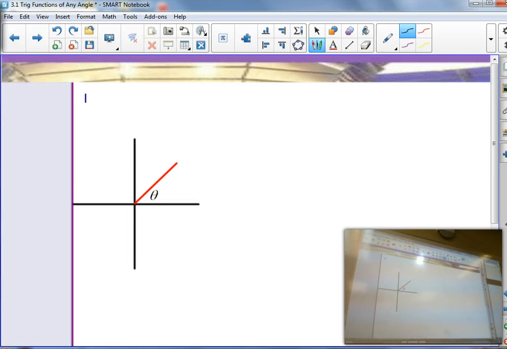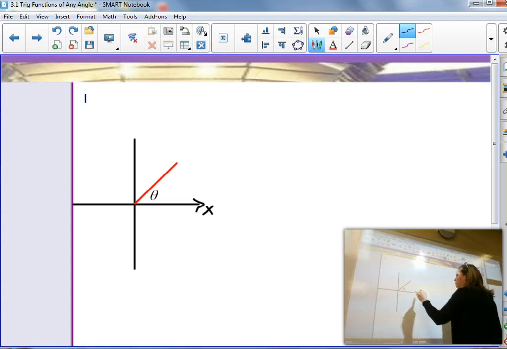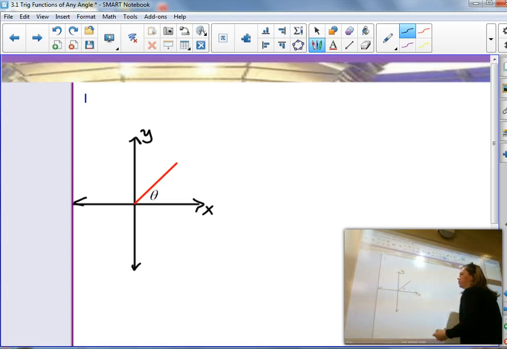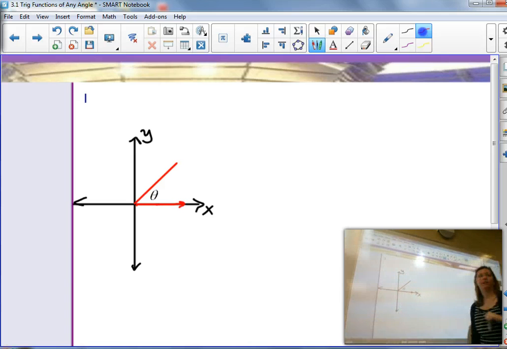Alright, so here's quadrant 1. You don't have to make this take up as much space as I did, but you can just draw yourself a little quadrant. So when our angle is in quadrant 1, these are my axes. When my angle is in quadrant 1, we're always looking at the angle that's formed with the positive x-axis.